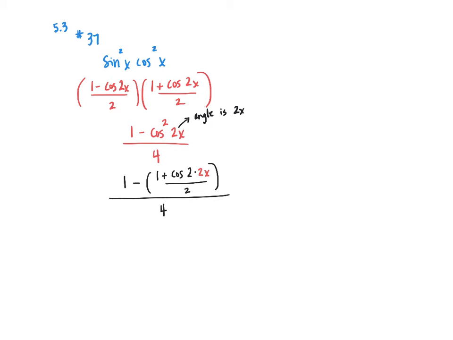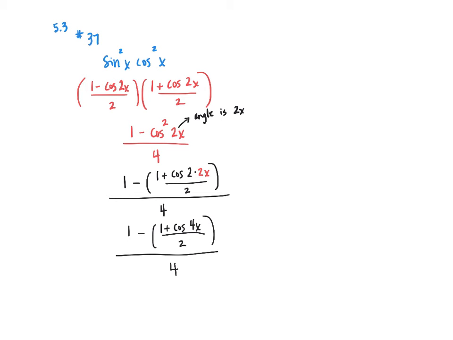So then I'm just going to simplify. I've got 1 minus, and it looks like I've got 1 plus the cosine of 4x all over 2, and then all of that is divided by 4. And so now I'll just keep simplifying.